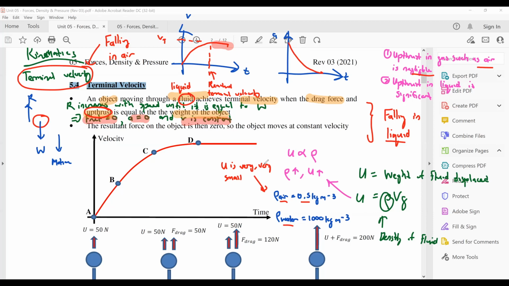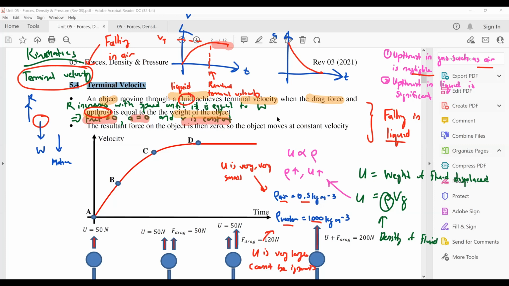But when you're talking about something that falls inside a liquid like water, the density is 1000 kg per meter cube, so the upthrust is very large and cannot be ignored. So that's one thing I would like to mention: why suddenly we need to consider upthrust. It's because when you're falling in liquid, upthrust is significant. You have to consider it too.